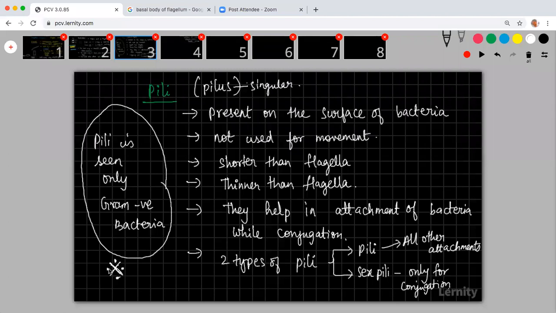Correct. Okay. So children, that is the thing. So now we'll move on further.